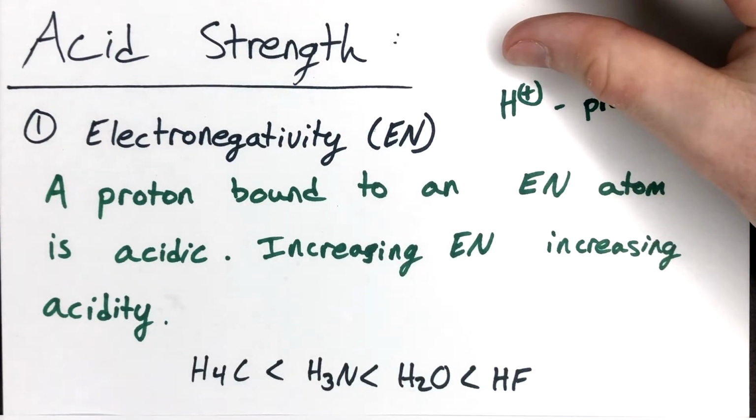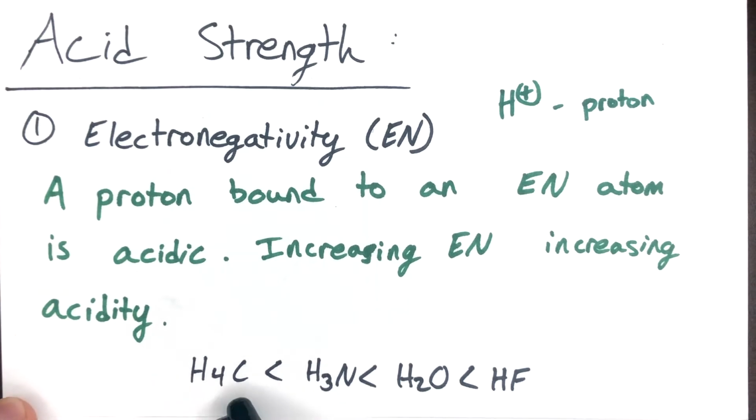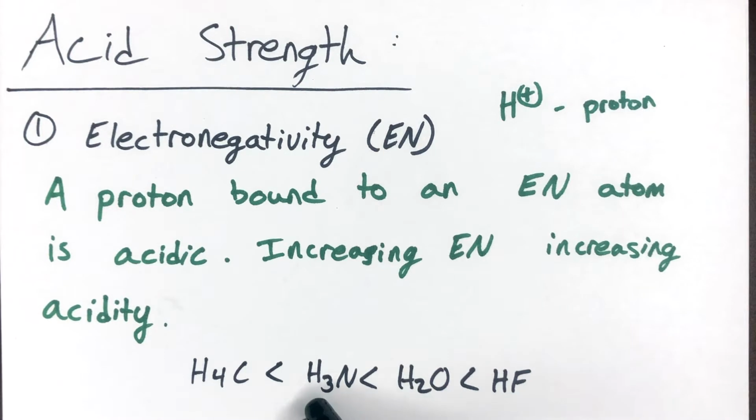So let's take a look at this series to illustrate this idea. Here we're looking at these protons bound to this carbon atom. Carbon is not very electronegative, so these are pretty weak acids. Then we increase our electronegativity with nitrogen. Nitrogen is bound to these hydrogens as well, so these are a stronger acid compared to the ones bound to the carbon because the nitrogen is more electronegative.